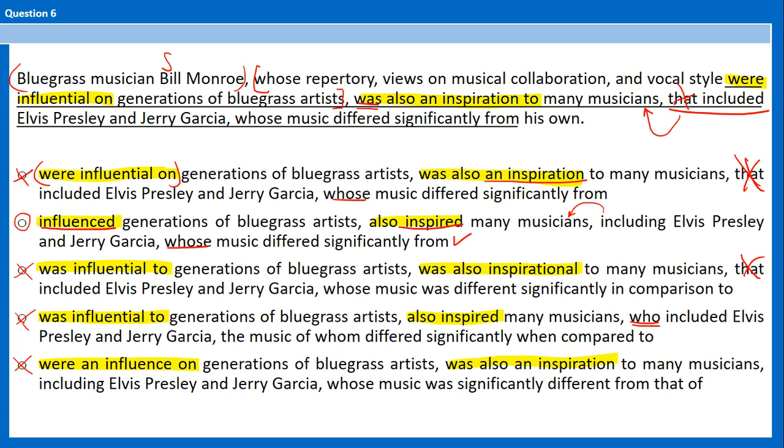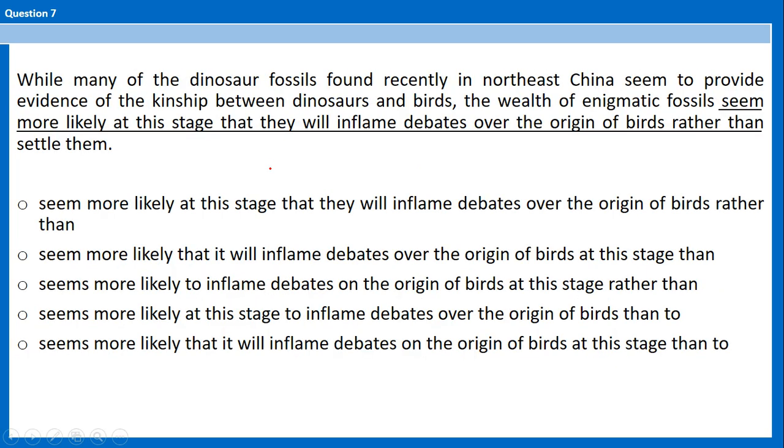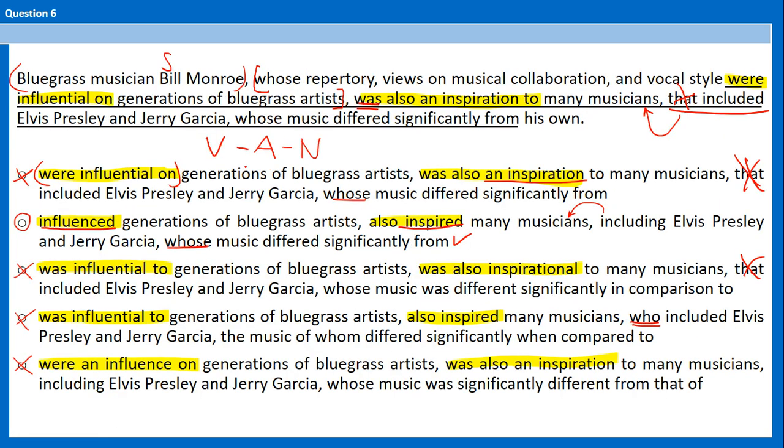Remember that, in general, if you are between a verb and a noun, we prefer the verb. There is a common pattern in the GMAT that in some books is called the VAN principle. We prefer verbs, then adjectives or adverbs, and finally nouns.